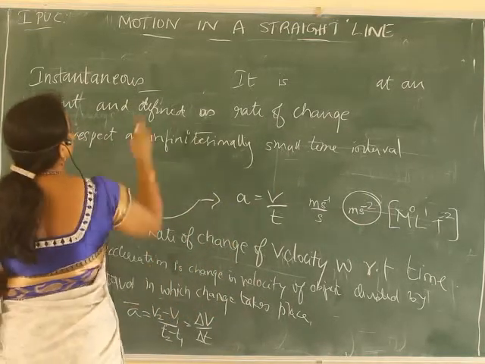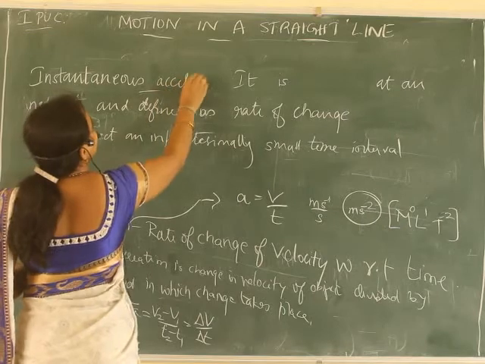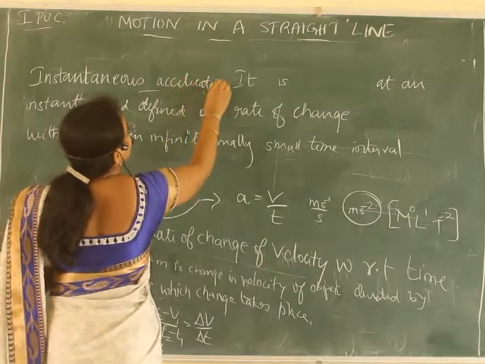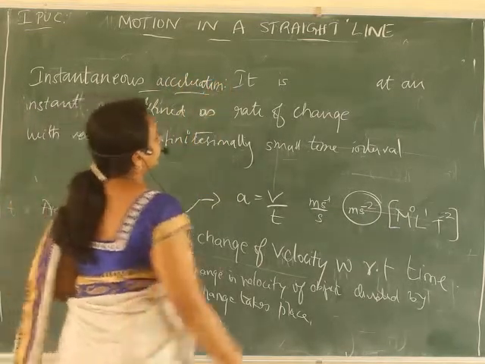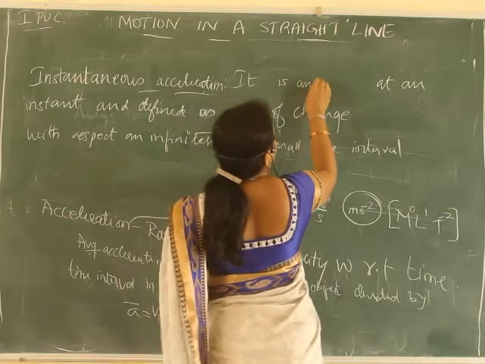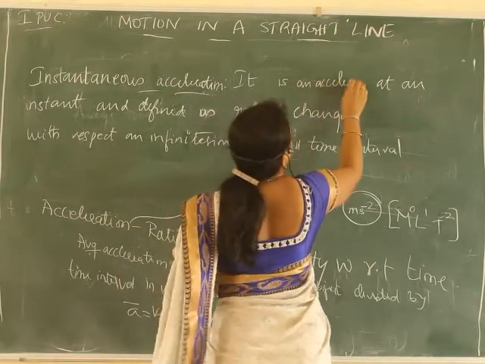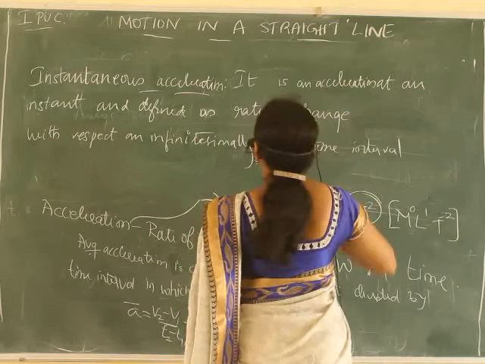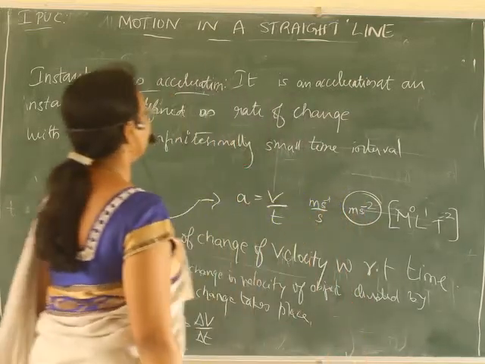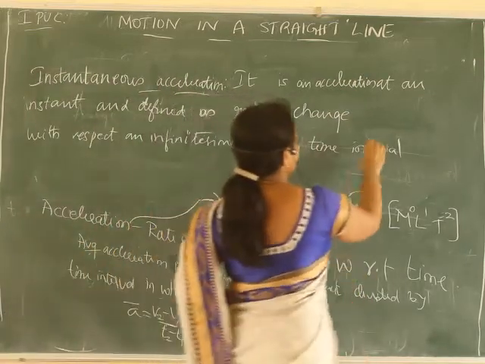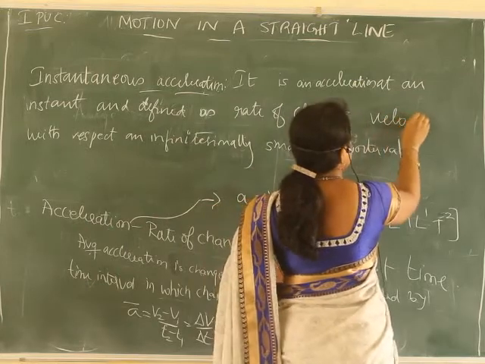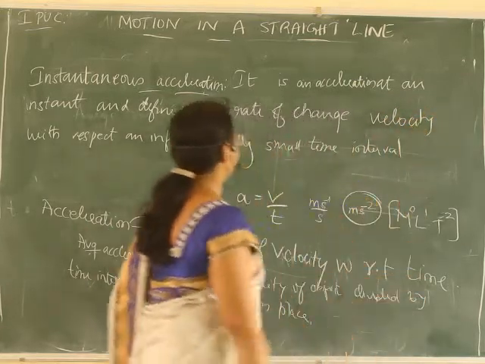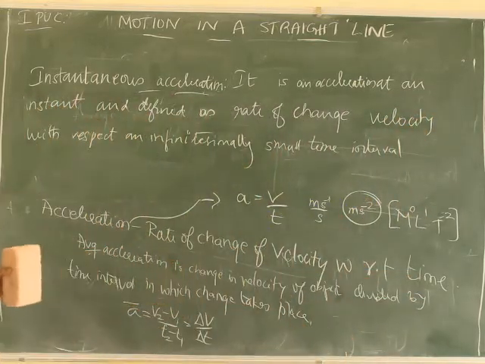So how will I write instantaneous acceleration? Please write it properly. It is an acceleration at an instant and is defined as the rate of change of velocity with respect to an infinitesimal small time interval.